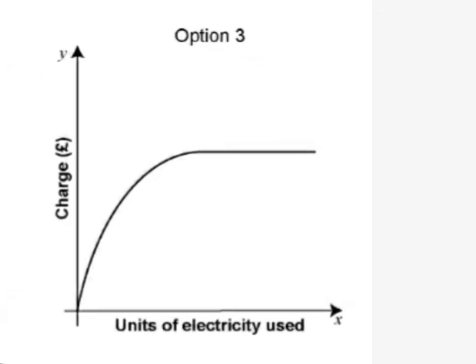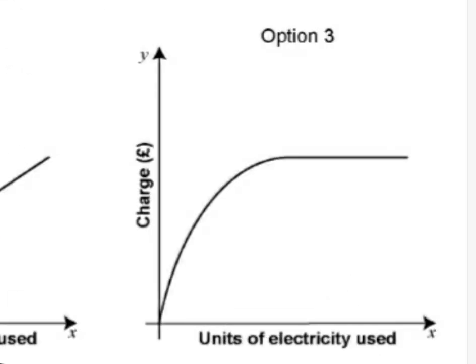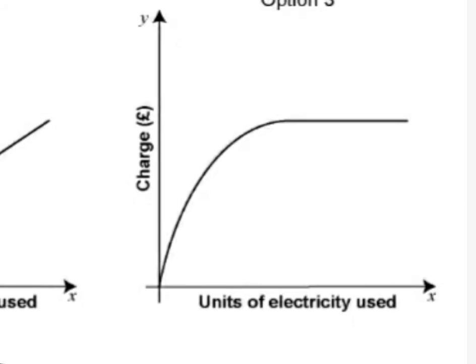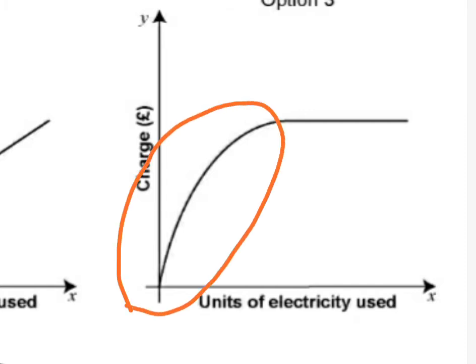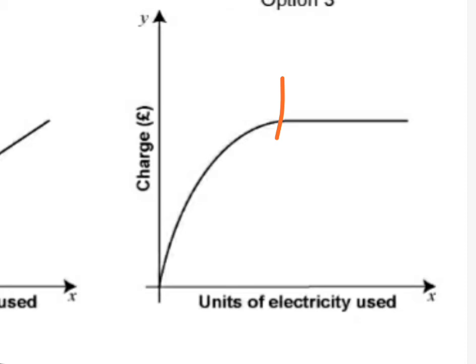Now, let's take a look at option 3. As we can see, option 3 is a mixed option between number 1 and number 2. You can see here that the line increased until a certain point. And then after that certain point, it became horizontal or constant.